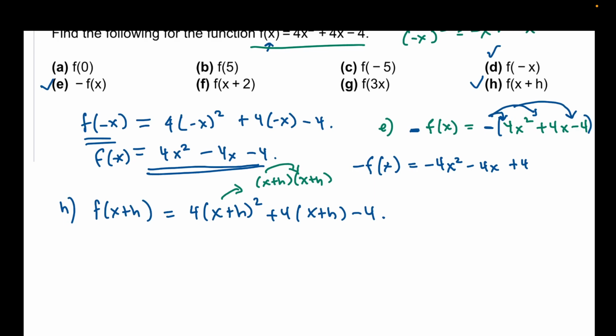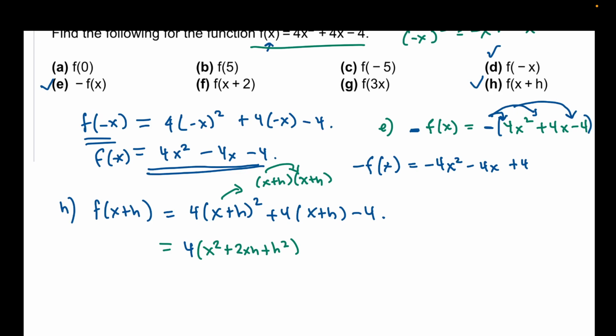So anyways, just to let some magic happen here, if you foil all of that out, you end up with 4 times, just to give you a visual here, the foiling of that would have been x squared plus 2xh plus h squared, and then plus, oh, darn, all right.